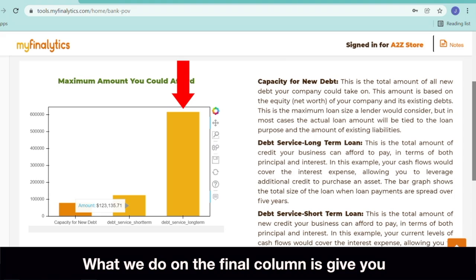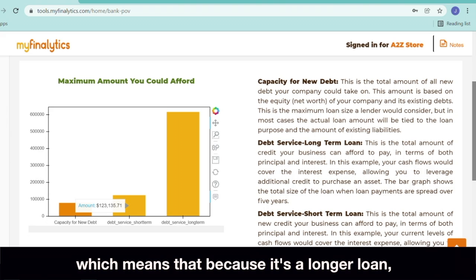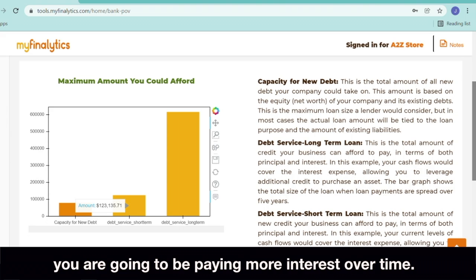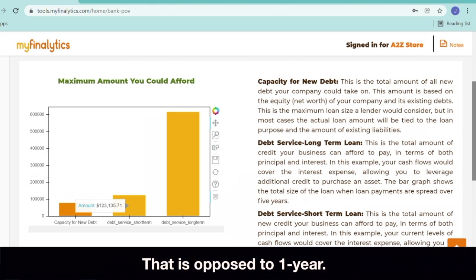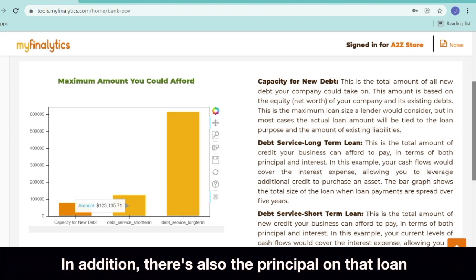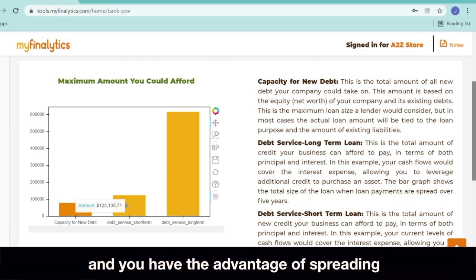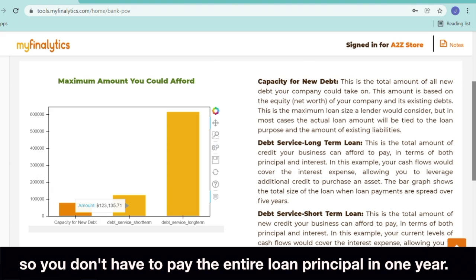What we do on this final column is give you an example of a 5-year loan, which means that it's a longer loan. You are going to be paying more interest over time. You're now paying interest over 5 years as opposed to 1 year, so it is going to be a larger loan altogether. In addition, there's also the principal on that loan, and you have the advantage of spreading payments over 5 years, so you don't have to pay the entire loan principal in 1 year.